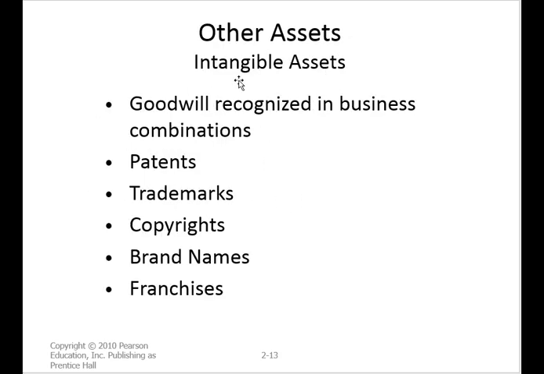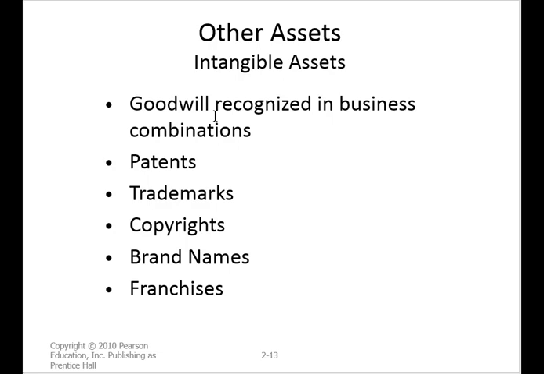Parts of these other assets are the things referred to as intangible assets. Goodwill comes from the combination of businesses. So this item is created when we buy another company, and that company is purchased for more than the value of its assets, right?